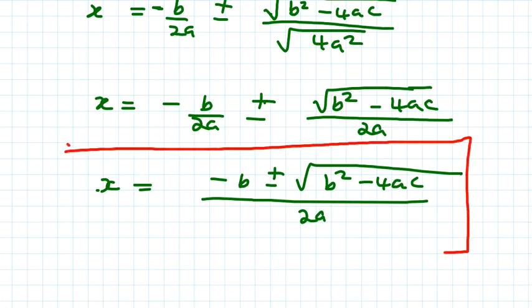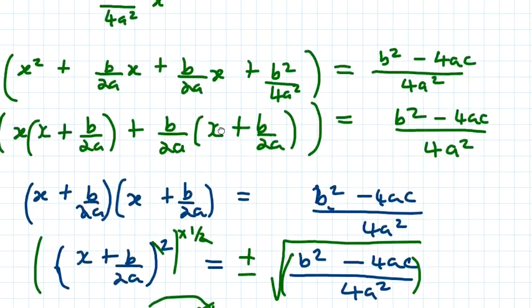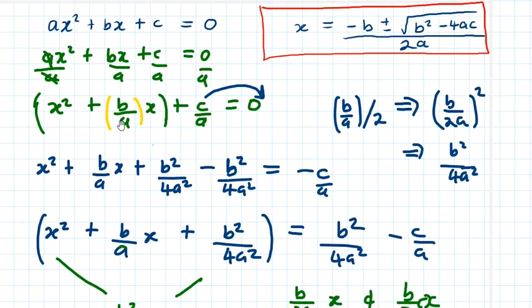So here is our final expression. Just a quick recap: we completed the square, because this quadratic expression is not a perfect square. When we are completing the square, we are introducing new terms.